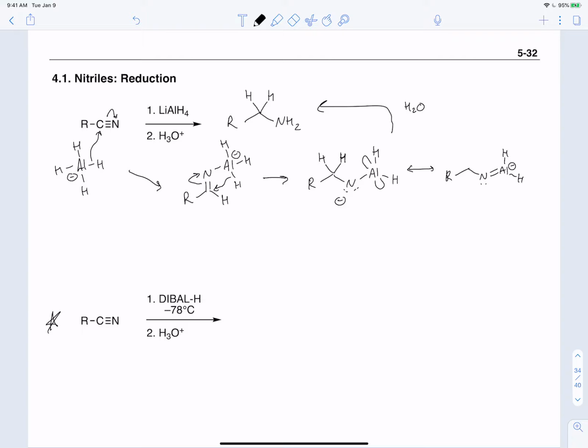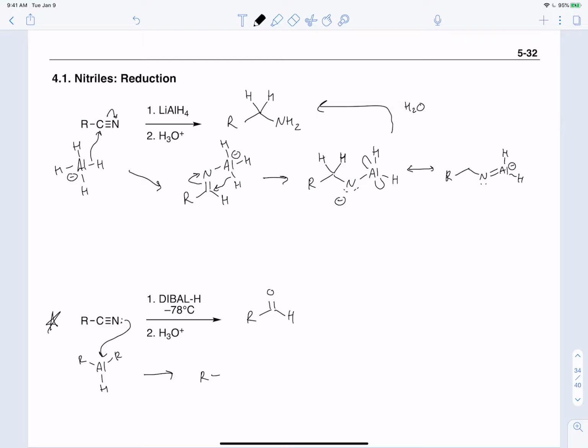Revisiting the DIBAL mechanism, we remember that after workup, we end up making aldehydes. The first step of this is having the lone pair of the nitrile react with DIBAL. Each of these R groups are isobutyl groups. So it attacks the empty p orbital. First we have essentially a Lewis acid combined with a Lewis base, and this will give us an intermediate complex.